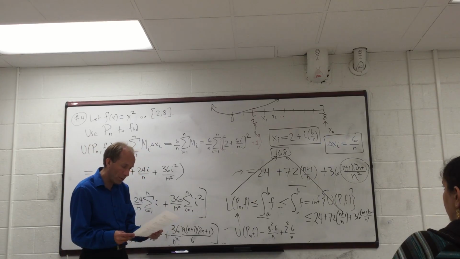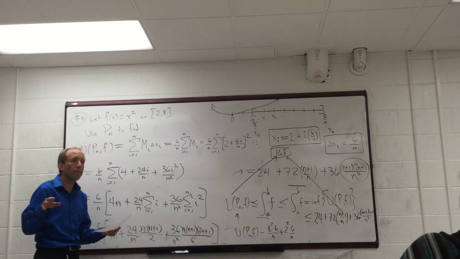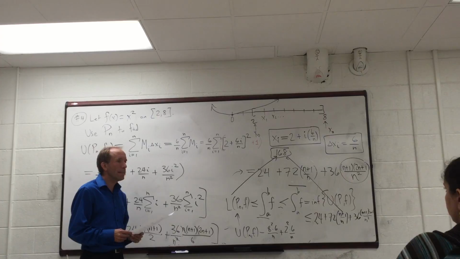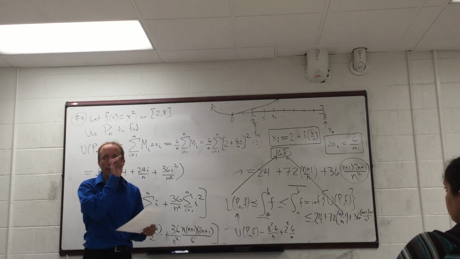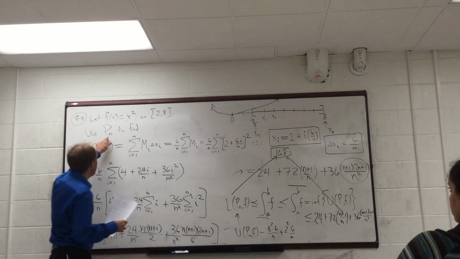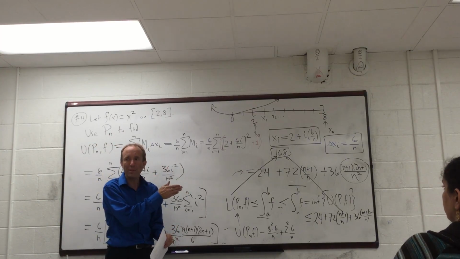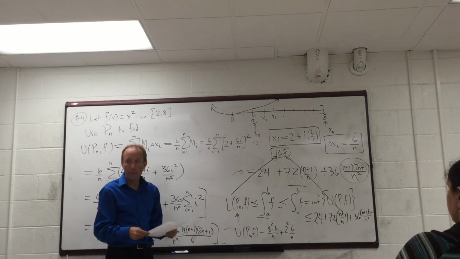They want you to find the L of Pn F, so you should use that notation. Does this make sense? So basically, if I talk about Pn, I'm always talking about this partition that chops the interval into n equal pieces. We're going to use that a lot. Okay.